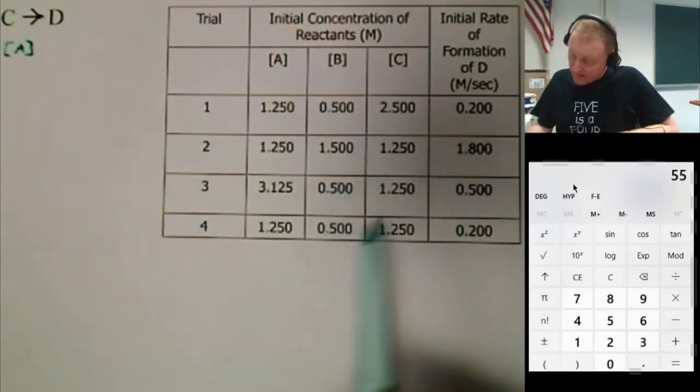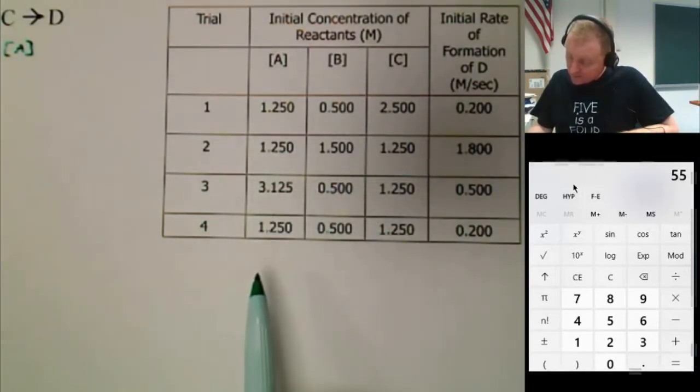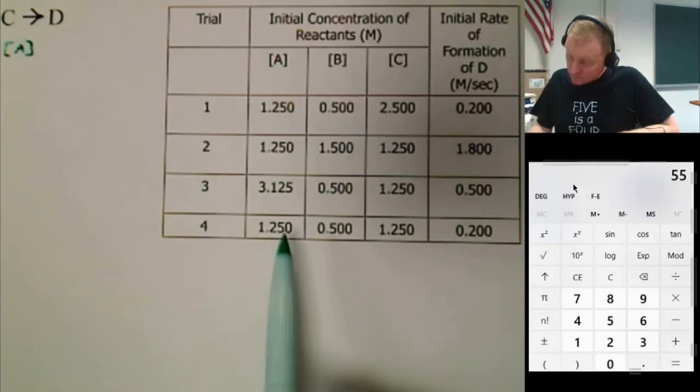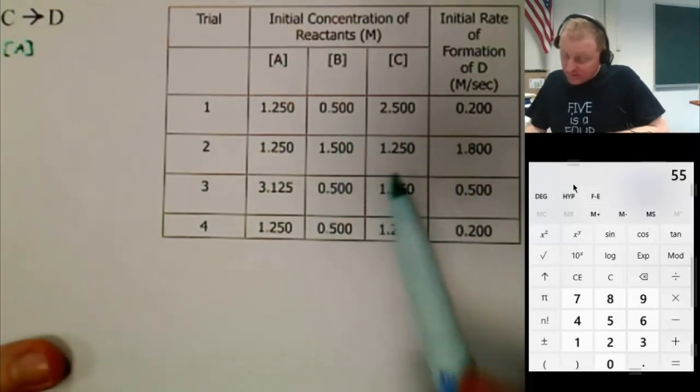All right, so for A, I see a change in 3. And for A, 3 is getting bigger. B's the same. Check this out. Tricky, huh?